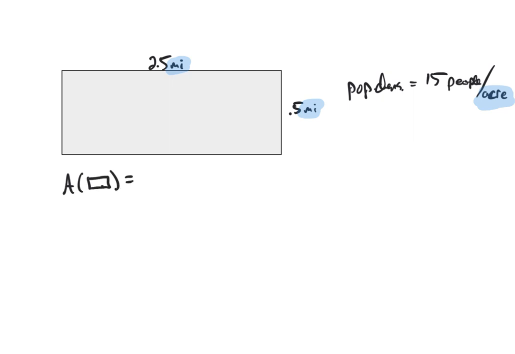So we need to find the area of the rectangle first in square miles by taking the length times the width. So that's going to be 2.5 miles multiplied by 0.5 miles, right? So we multiply those together and we'd get the area, 1.25, but it's being measured in square miles.